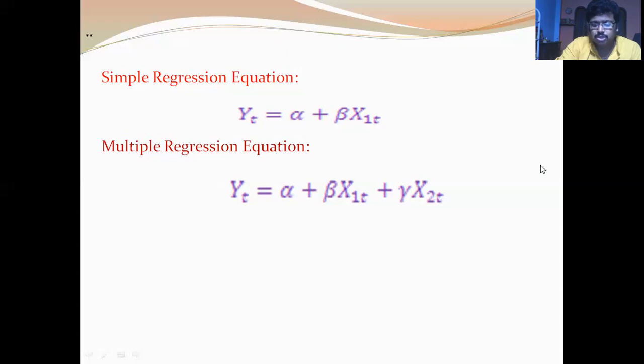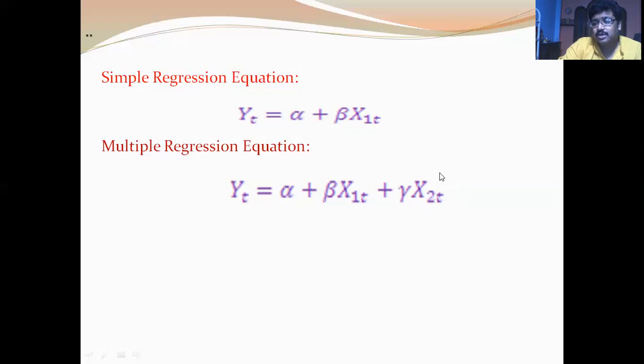In multiple regression equation, you can find an example. Y is a variable that is the consumption expenditure of a family, and here suppose x1 is the family income. This is the income of a family, and x2 is the financial assets of a family.